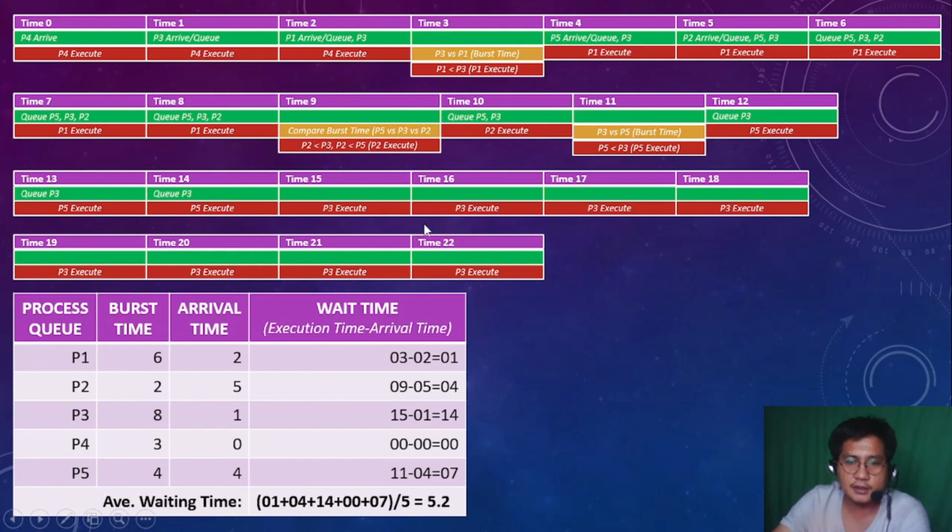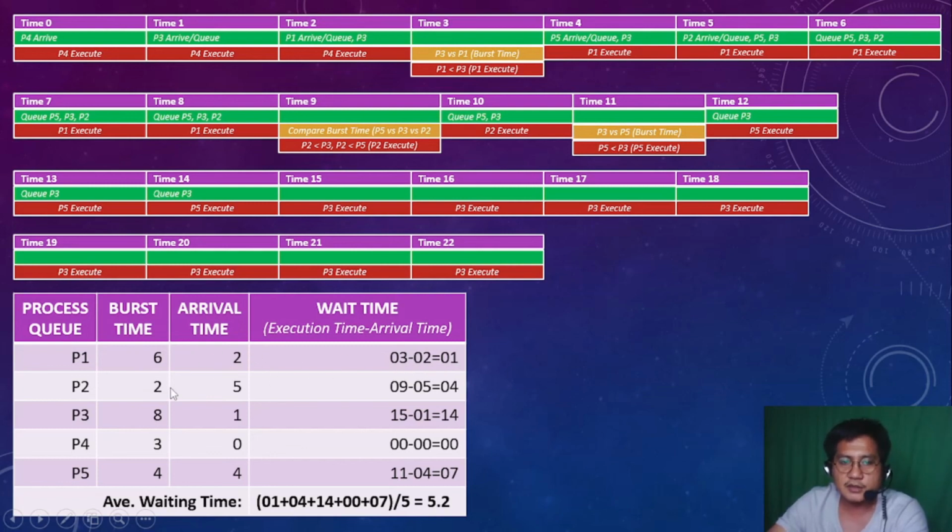So we have recorded here that at time 3, process 1 has started its processing or execution in the central processing unit. Then since it has an arrival time of 2, we have to subtract: 3 minus 2, so that is why we have 1.